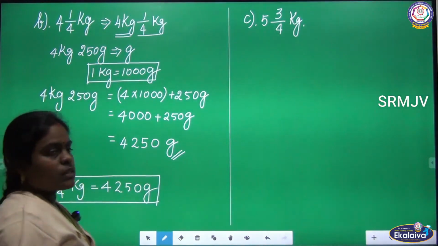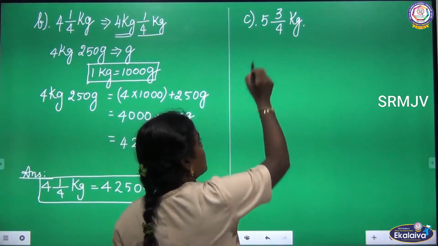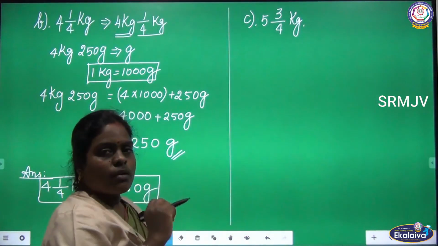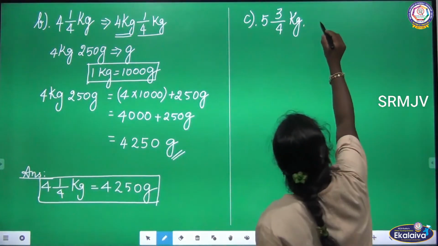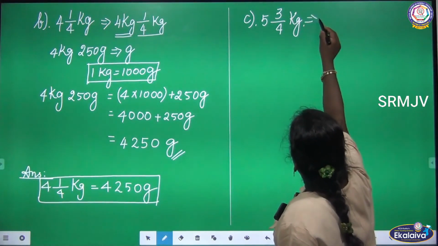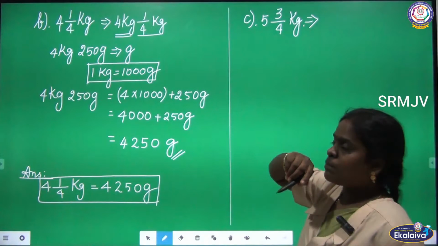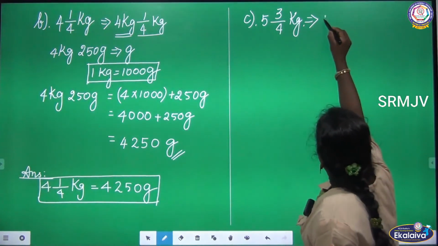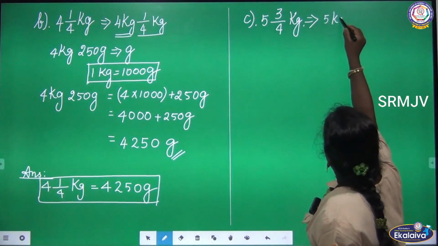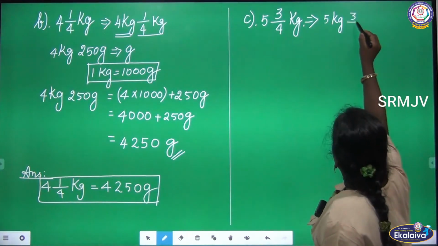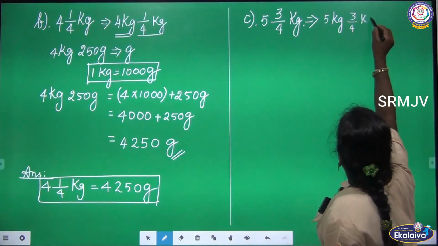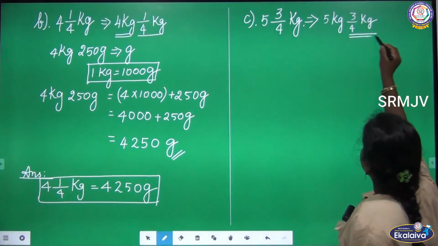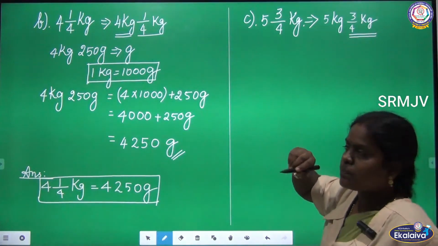Look at the next question. 5 3 by 4 kilogram. First we have to split the given measurement into kilogram and gram. So let us split the measurements. 5 kilogram and 3 by 4 kilogram. So we know that what is 3 by 4 kilogram.